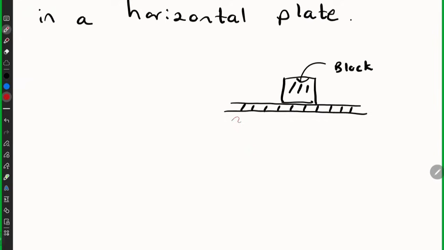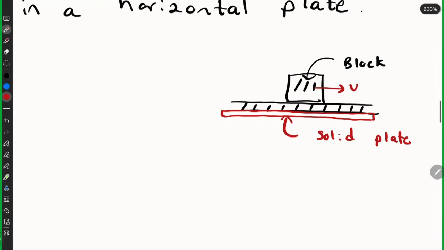And then, of course, we have the plate. It's a solid plate. Now tell me, if I drag this with a particular velocity v, the topmost layer is also going to drag itself at that particular velocity, right?